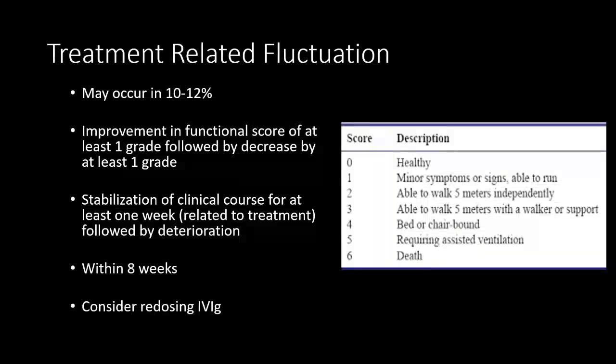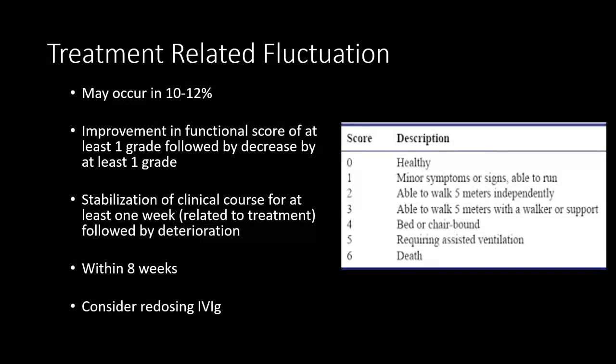Treatment-related fluctuations can occur in 10 to 12% of patients, so this is something to look out for and counsel your patients about. If patients recover with treatment and then worsen, that doesn't necessarily mean that something else is going on or that they have CIDP, as long as this fluctuation occurs within 8 weeks of their initial presentation.